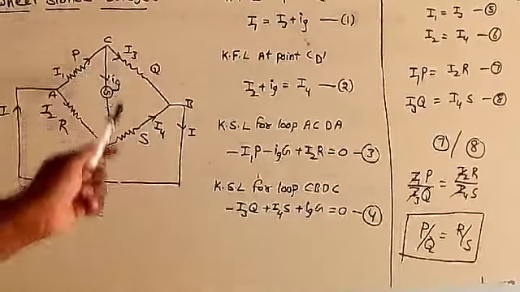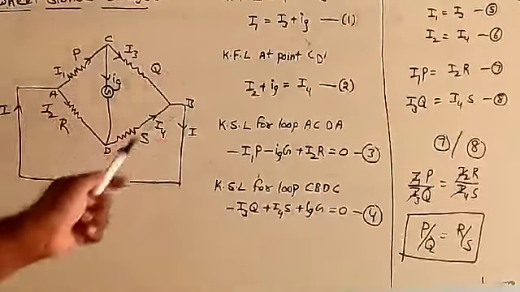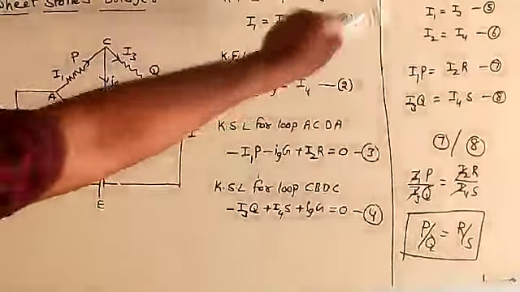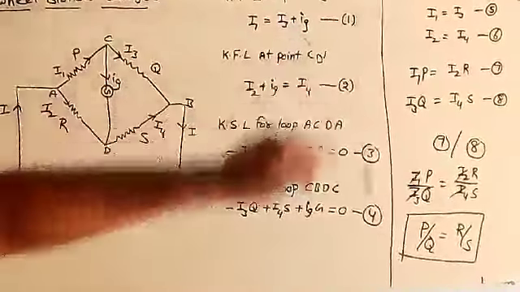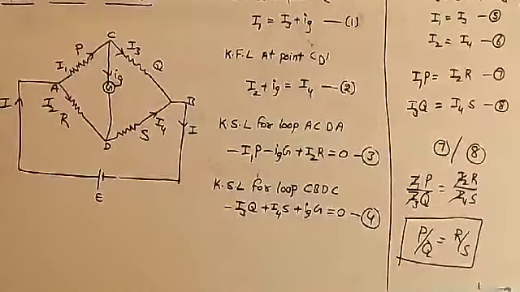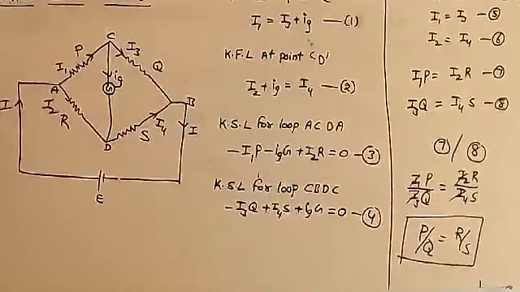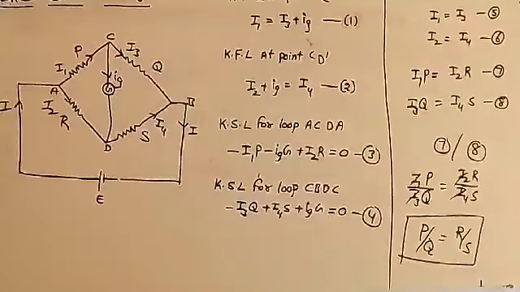Here you see A to C, D to A, and C, B, D, C, and the bridge is balanced. If Ig is 0, see one by one.